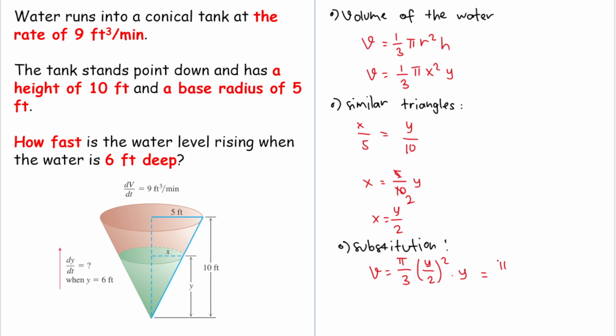We will have pi over 3, then multiplied by y squared divided by 2 squared, that will be 4, then multiplied by y. So we will have the final form here: the volume of the water is pi over 12 multiplied by y to the third power.